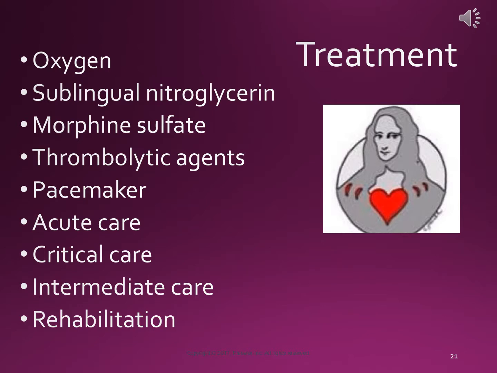The acute care is usually done in the emergency department, and then after they go in for their intervention and hopefully thrombolysis, they go to the ICU to be monitored because dysrhythmias can be life-threatening in the first 24 to 48 hours. After they have recovered from that, they will do cardiac rehabilitation as an outpatient.